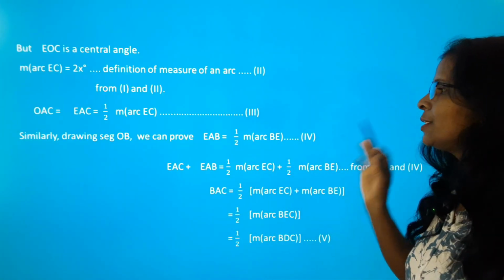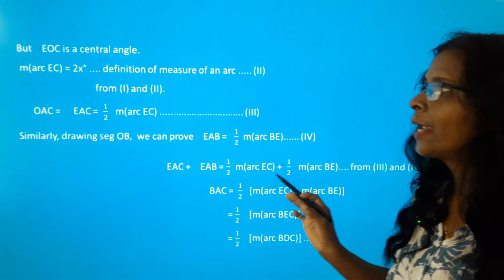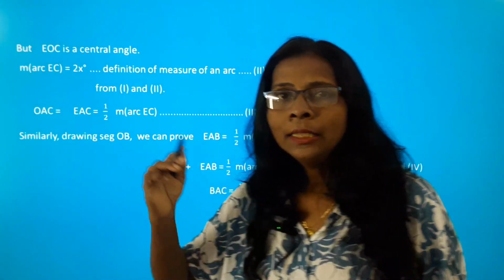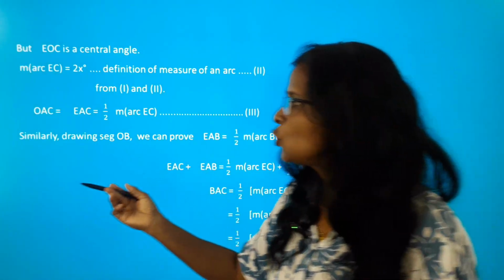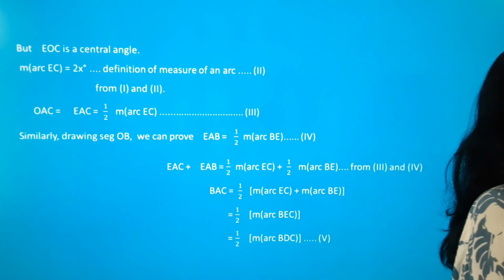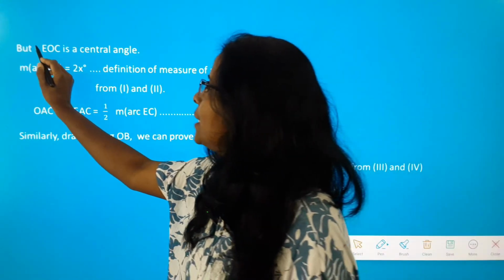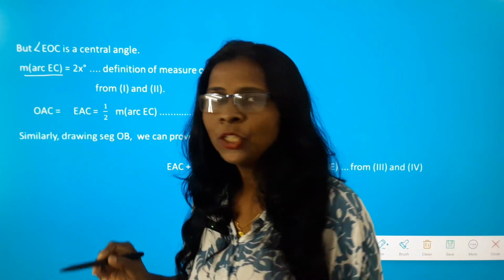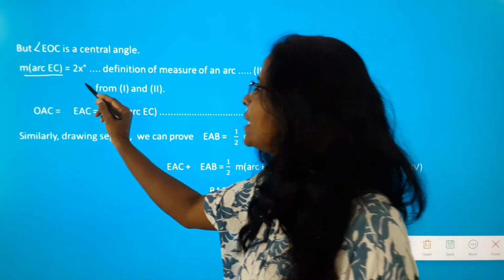Observe the figure, students, that EOC is a central angle and that major arc EC is also equal to, that is, the arc inscribed in this angle, major arc AC is equal to 2x degrees.